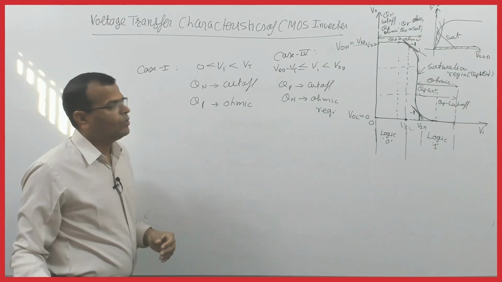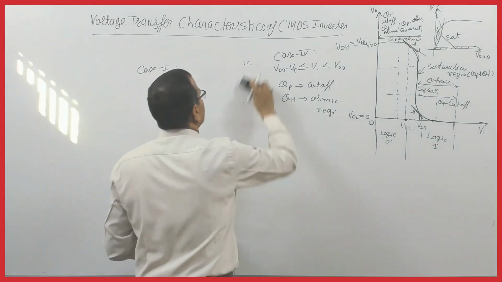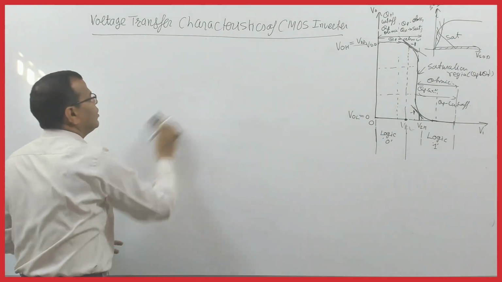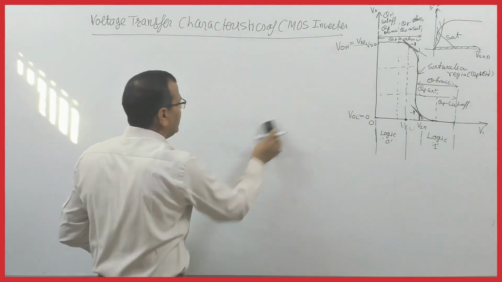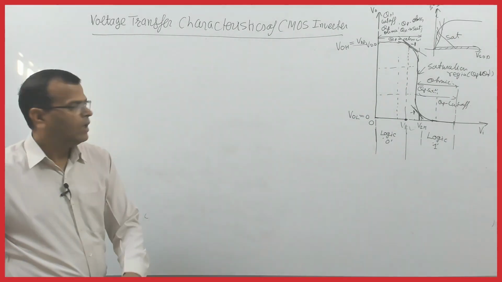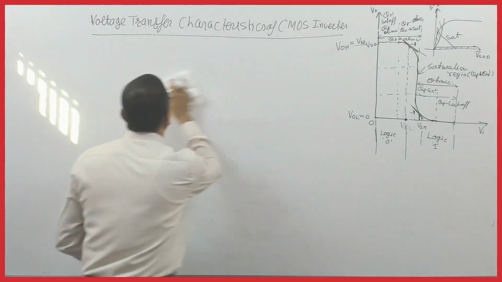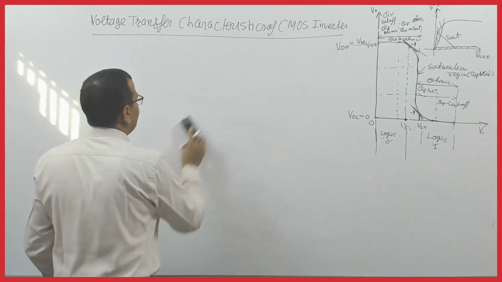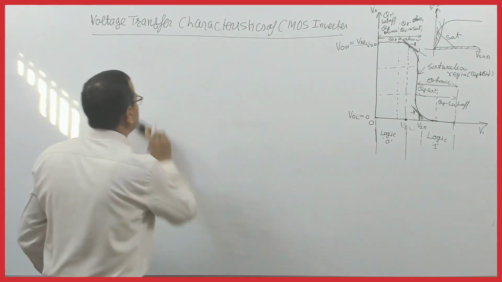Fine. So in a nutshell, from the voltage transfer characteristic of CMOS, we have got the range of input and output voltages. That is, what is the range of input voltage? Range of input voltage and output voltages.